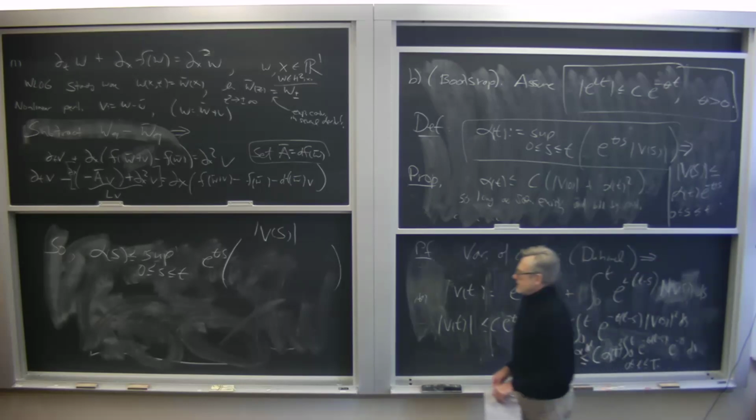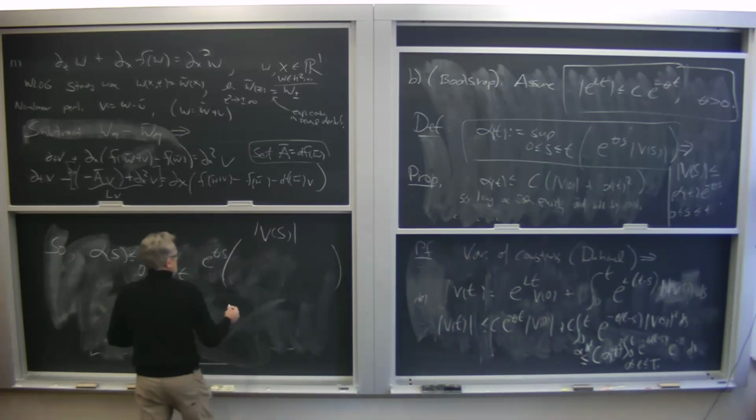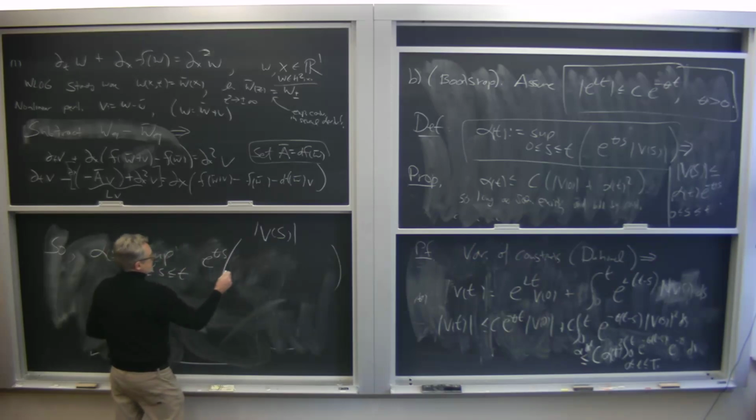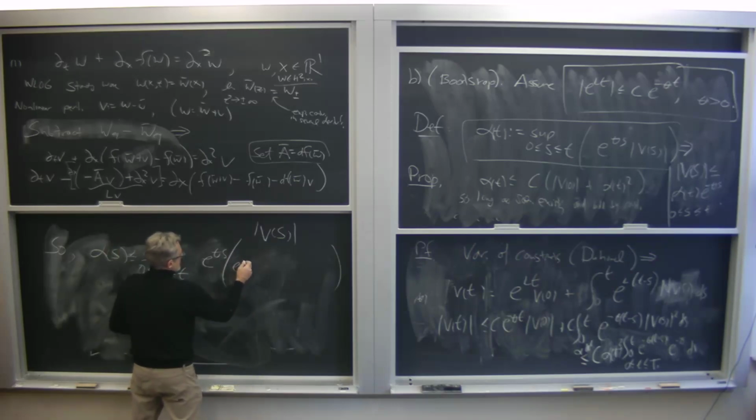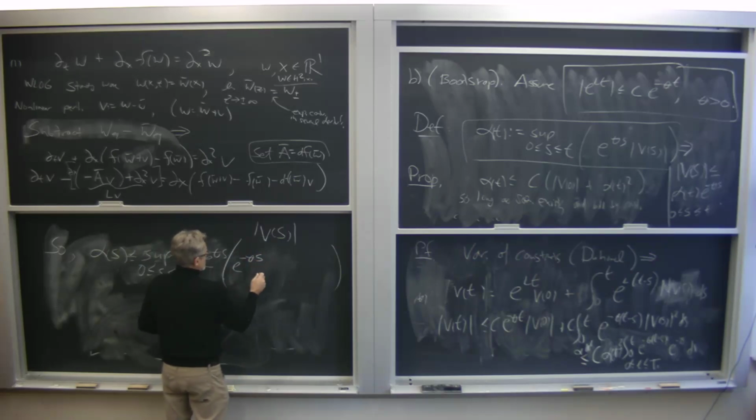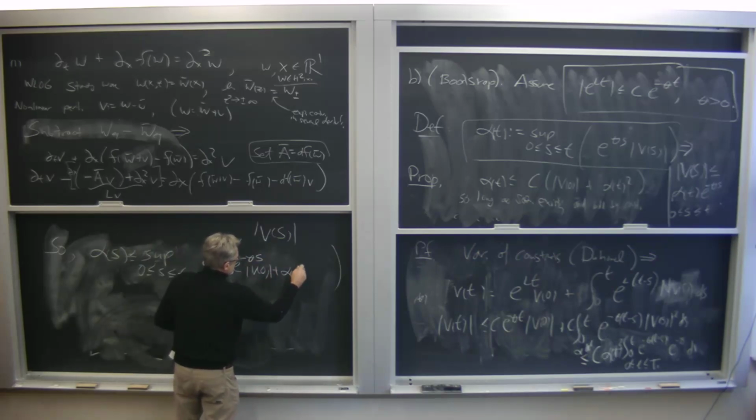So this would be e to the minus theta S V of 0 plus alpha of t squared.